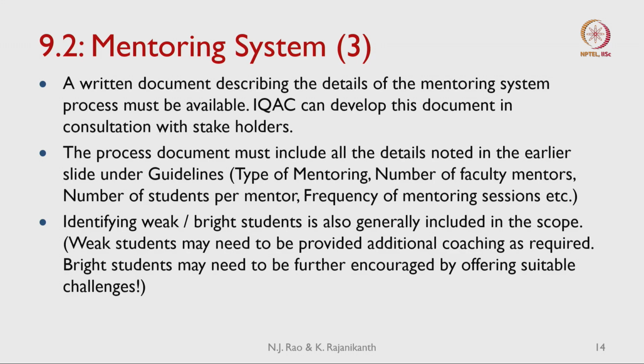Identifying weak and bright students is also generally included in the scope of the mentoring system, because mentors closely monitor the performance of the students who are under their mentorship. They can identify the weak and bright students more easily. So, in some mentoring systems, this task of identifying weak and bright students is also included in the scope of the mentoring.